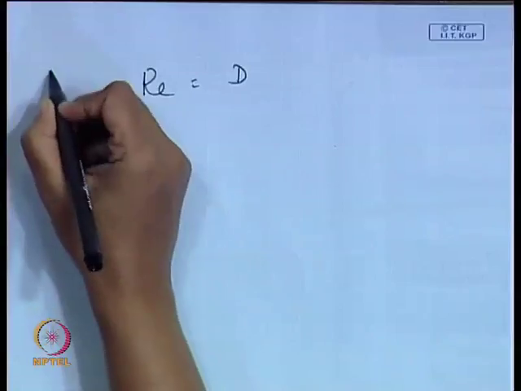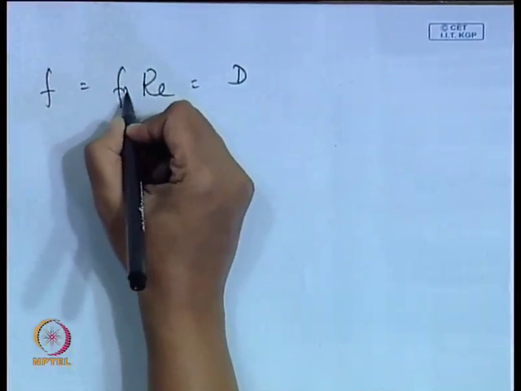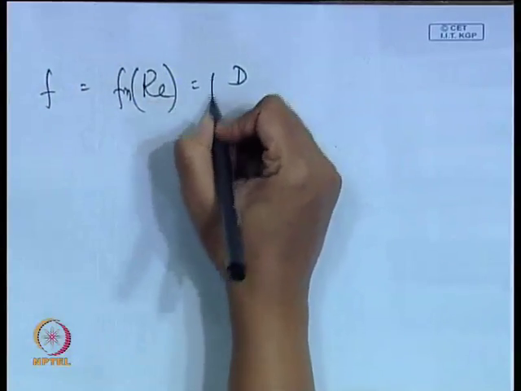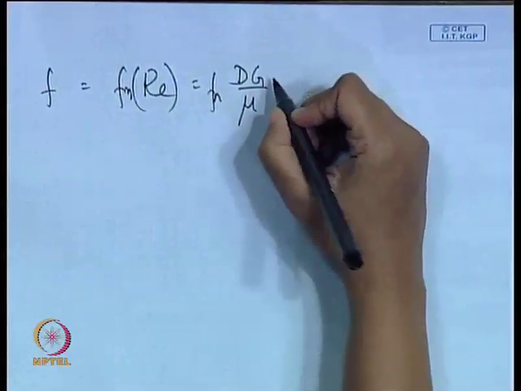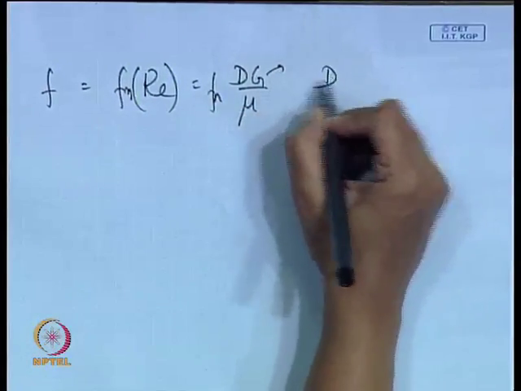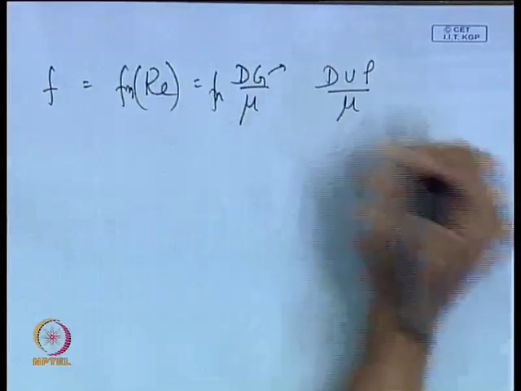Finding the Reynolds number for single phase flow is very easy, it is just based on measurable properties. It is nothing but Re equals dG by mu, or better written as d u rho by mu.